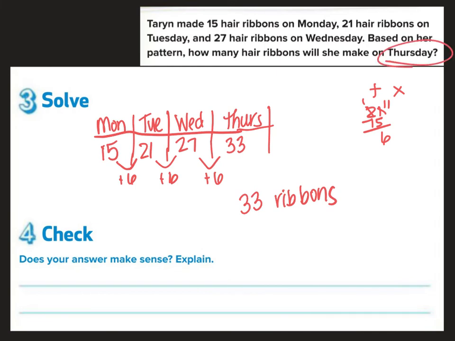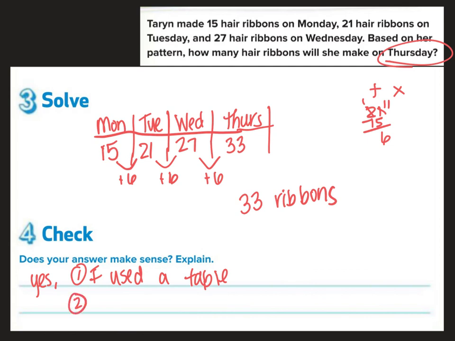Now again, be careful because they could have said how many on Sunday, how many on Saturday, how many on Friday. And then we'd have to extend our pattern a couple more times. So does your answer make sense? Yes. First, we used a table to organize our data, our information.